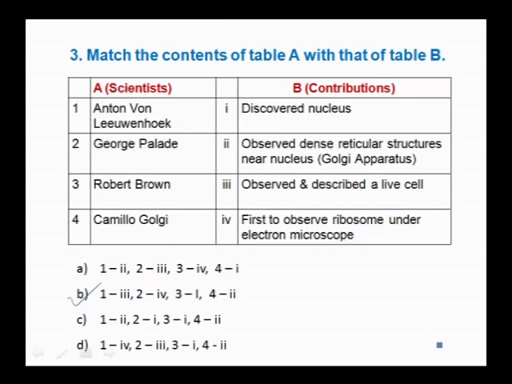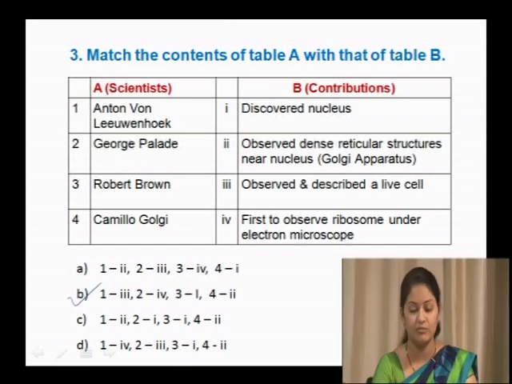Here comes the third question, that is to match the contents of the table. Table A indicates the names of the scientists and table B indicates the contributions of those scientists. So first comes Anton von Leeuwenhoek, second George Palade, third Robert Brown and fourth Camillo Golgi.